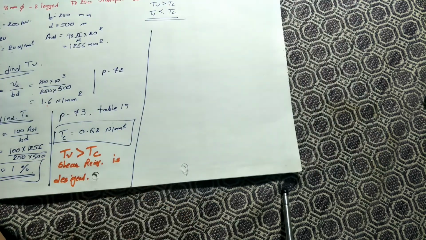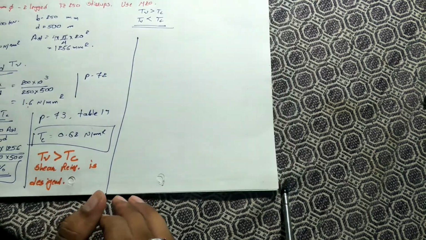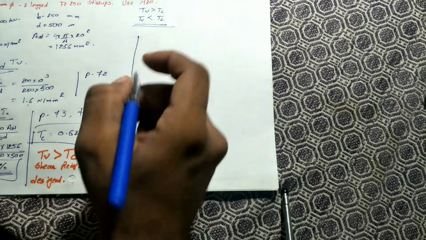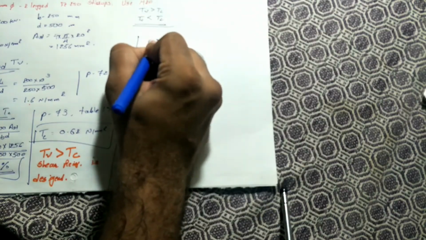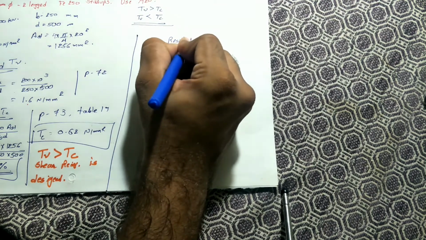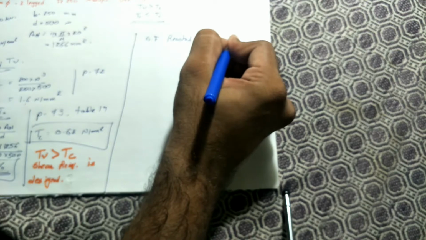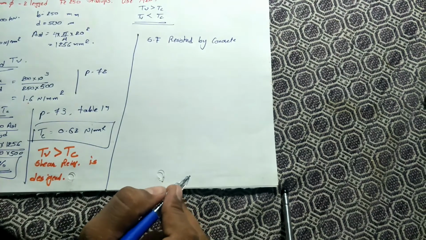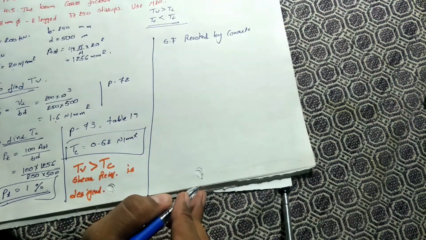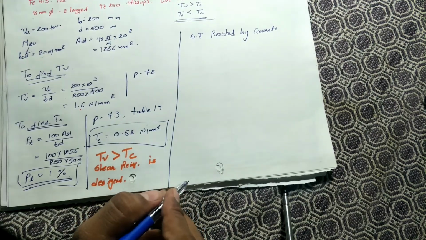Okay, so for designing shear reinforcement we have a condition or equation, you can say. First we have to calculate the shear force resisted by concrete. See, don't forget to watch my video on the theory part of shear reinforcement.